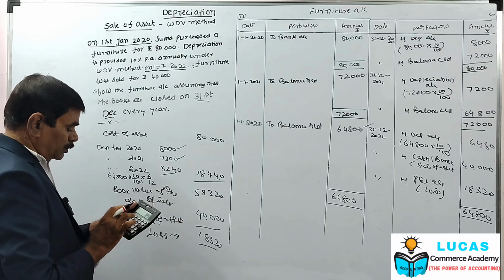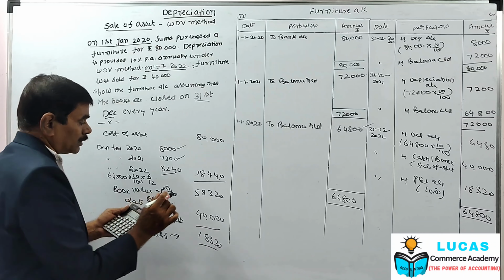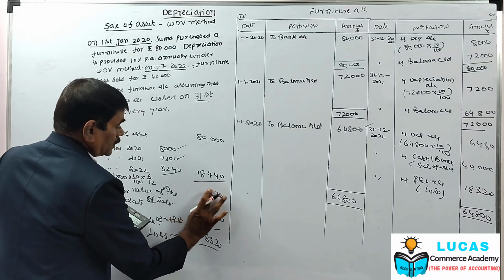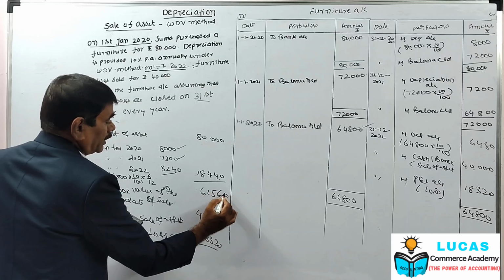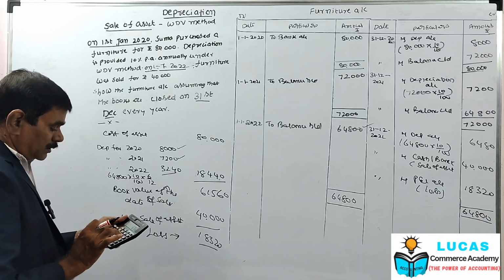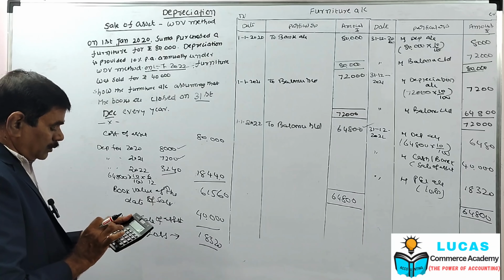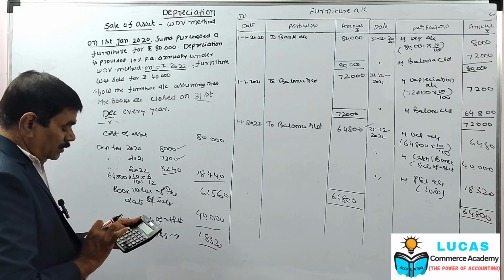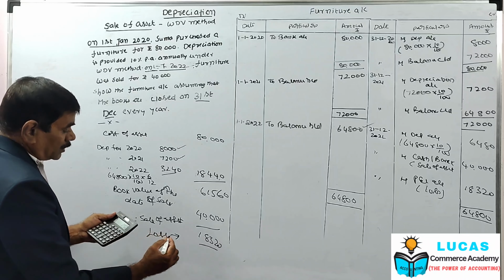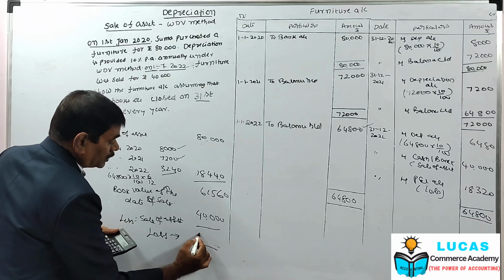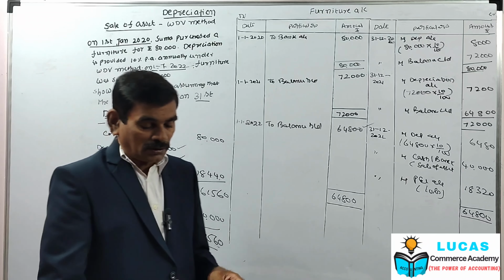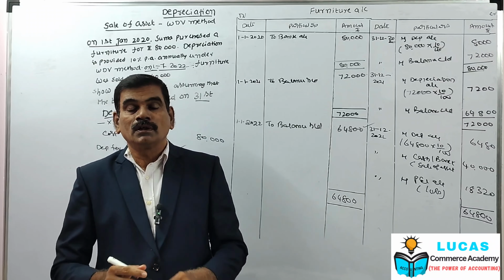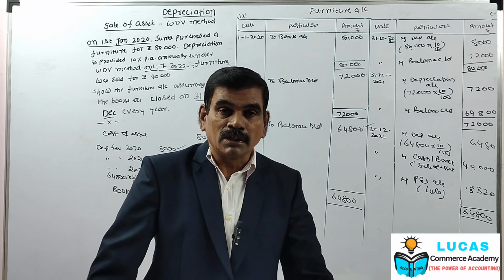Then the total depreciation should be deducted from 80,000. The resulting figure is 61,560. Then deduct sale of asset: 61,560 minus 40,000 is 21,560. This procedure is to be followed when the asset is sold in the middle of the year.